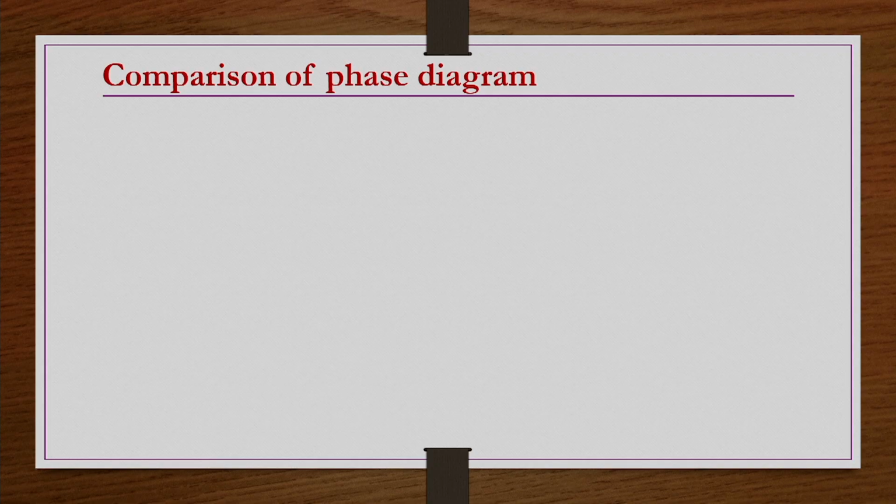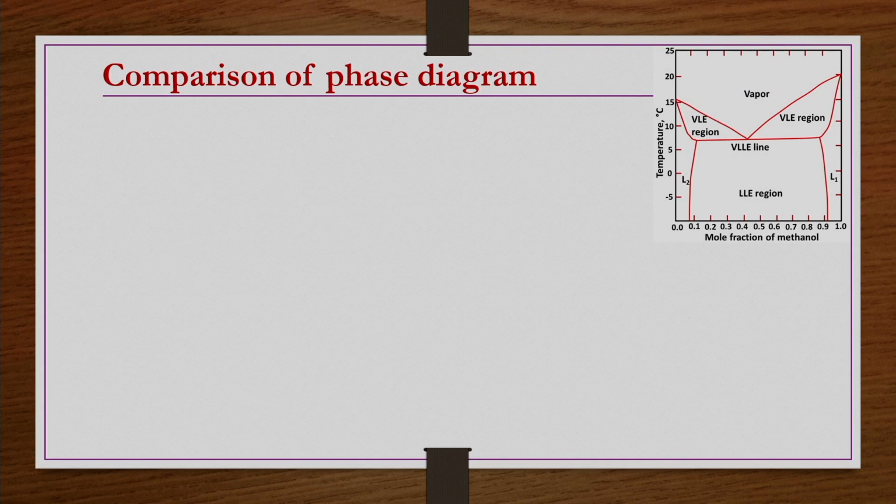Now, quickly before winding up this lecture, we have a comparison of the phase diagrams that we have seen, in a couple of minutes, and then wind up the lecture. Comparison of phase diagrams. The TXY diagram that we drew for the methanol N-hexane system in the previous lecture is given here, at a fixed pressure of 0.133 bar.